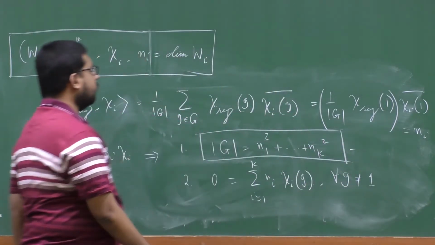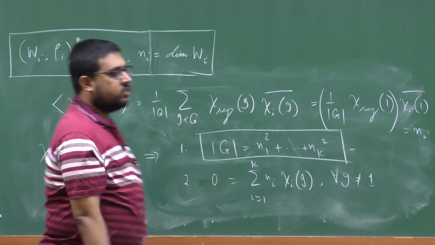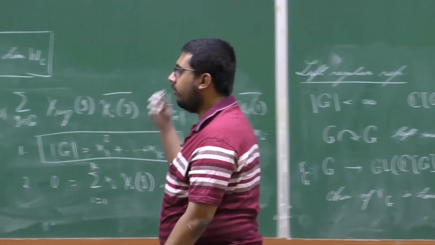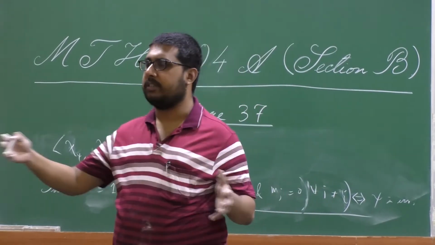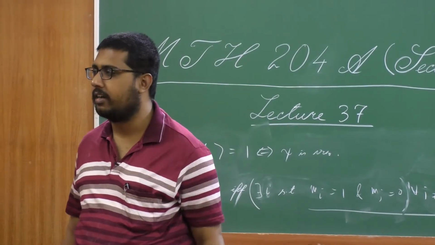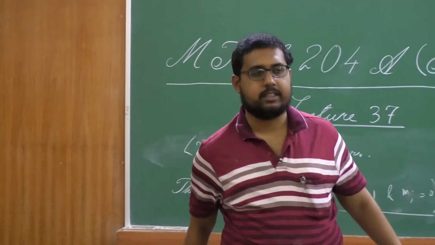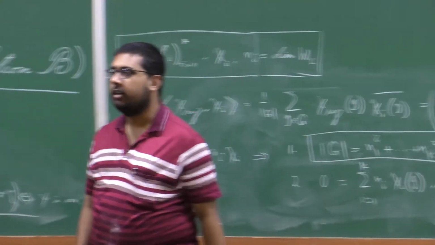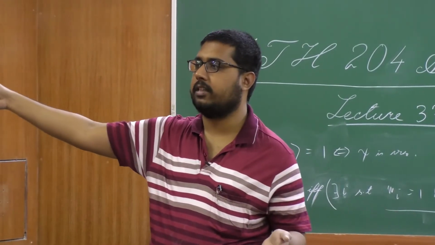So this formula is useful in many places in the following sense. Suppose somehow we are able to construct a collection of mutually non-isomorphic irreducible representations of a given group G. Now, in order to be assured that the collection of representations we have constructed is exhaustive, it is necessary and sufficient that the sum of the squares of their dimensions be equal to the order of G. So whenever we obtain such a collection, we look at this sum of squares.